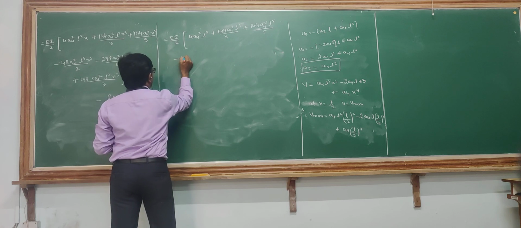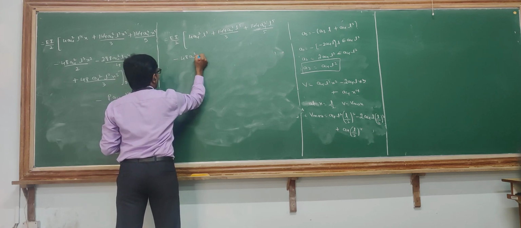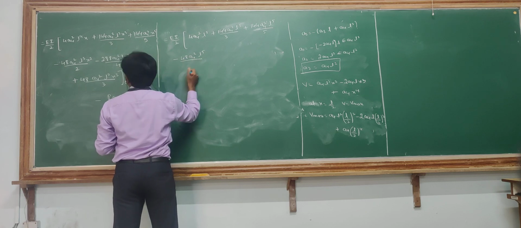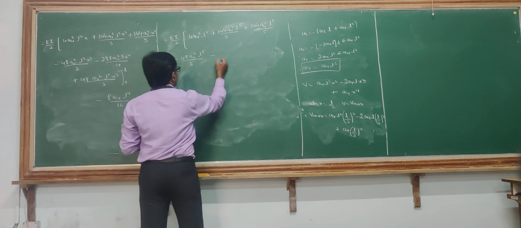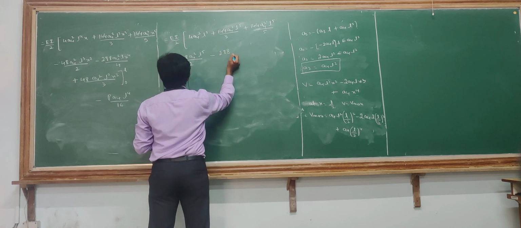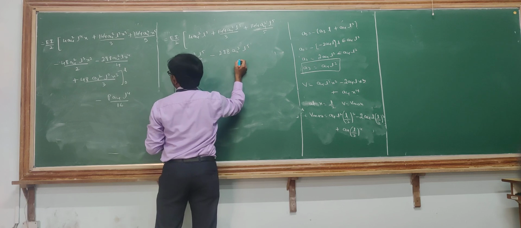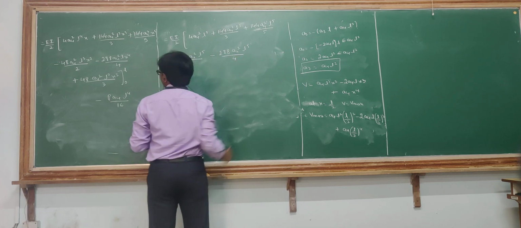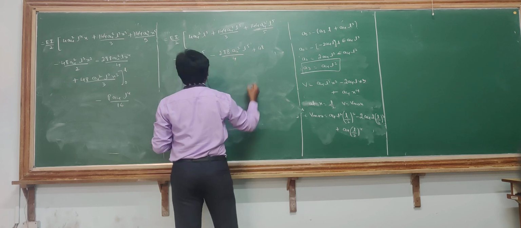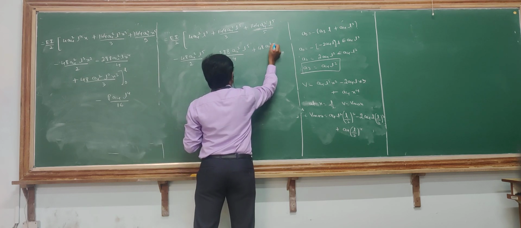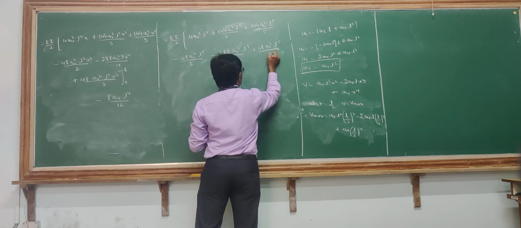Next, minus 48 a4 square L raised to 5 divided by 2 minus 288 a4 square L raised to 5 divided by 4 plus 48 a4 square L raised to 5 divided by 3.